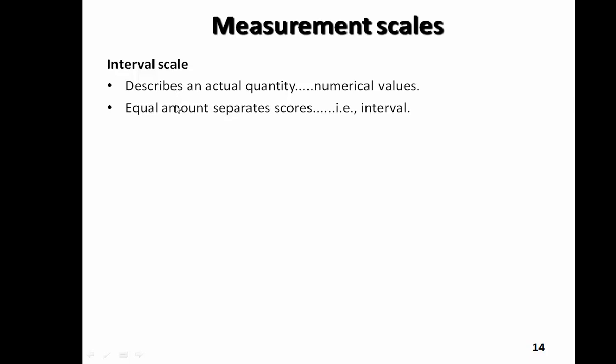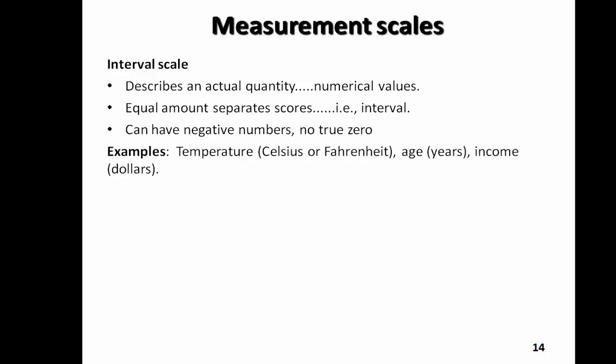The interval scale is defined as having an equal amount that separates the scores, hence the term intervals. The interval scale can take on negative numbers, and in this case it doesn't have a true 0. The score of 0 on an interval scale just indicates a location and not an actual magnitude.